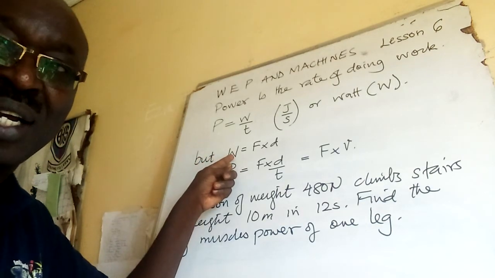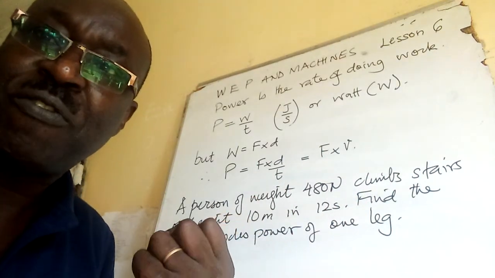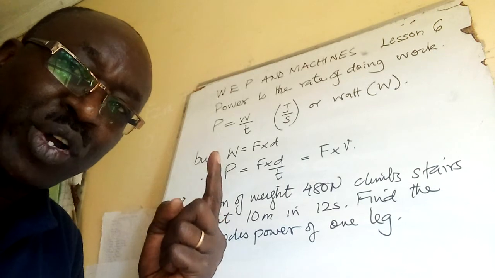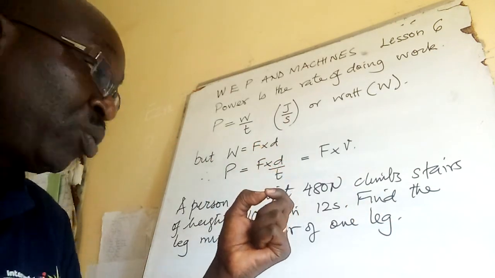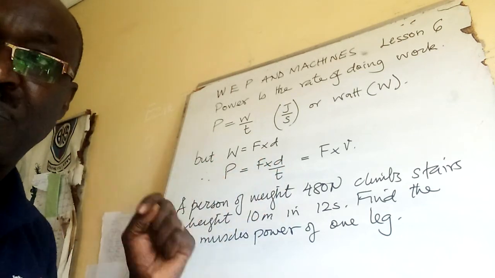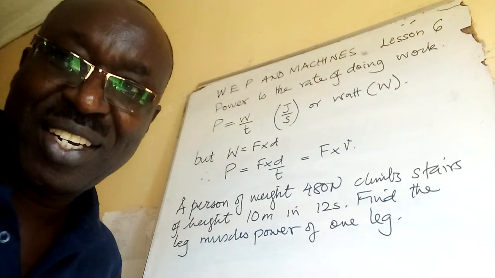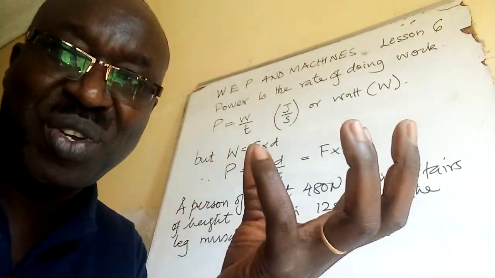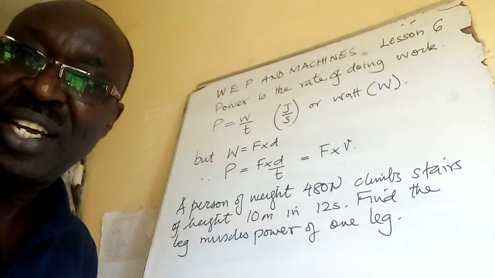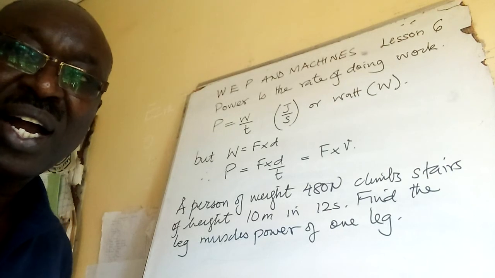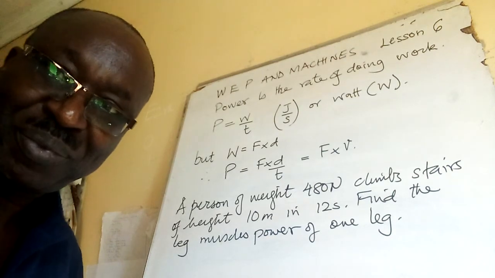But this work, we have been explaining it from the force times distance point of view. So if I substitute W with F times D, and D I align it over T for it to give you a picture of velocity or speed, then you get power is force times velocity.